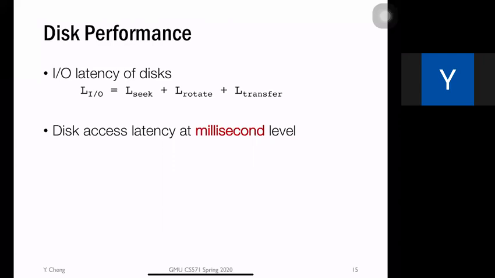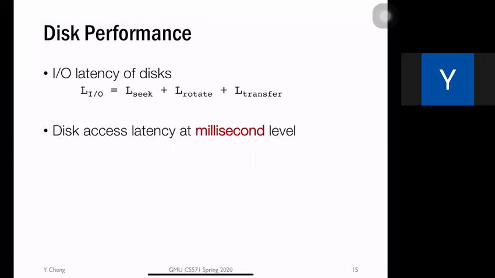So in order to finish a typical I/O operation, whether a read or a write, it involves the movements of all these different pieces of hardware. We can refer to a simple equation to model the disk performance.